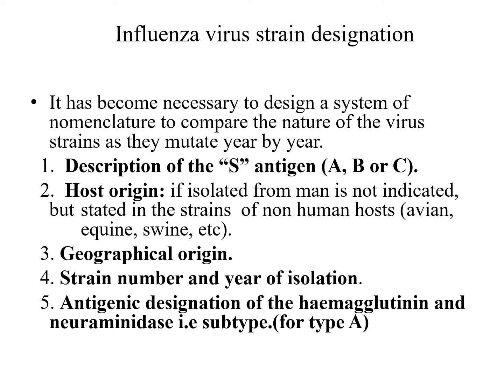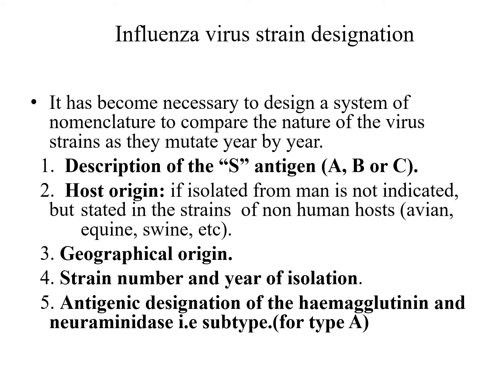Influenza virus strain designation. Because we have multiple types, especially of influenza A, there are multiple strains of influenza A, so there should be a nomenclature or way to name the influenza A viruses. This depends on the subtype antigen, which is type A, B, or C, and the host of origin.